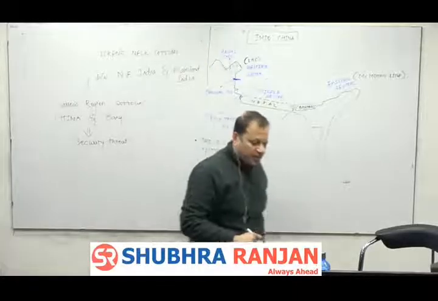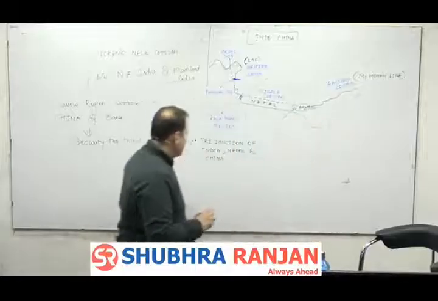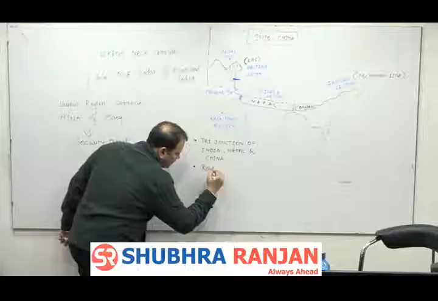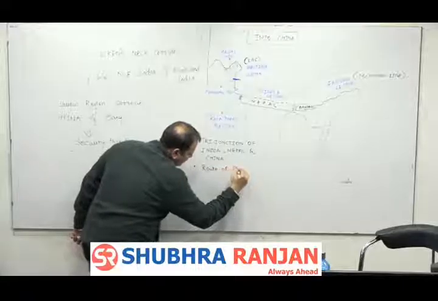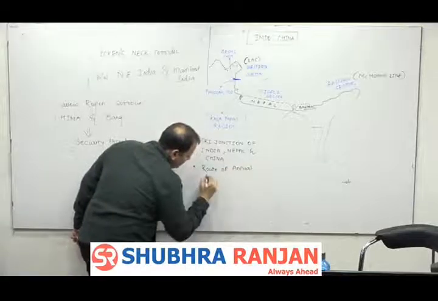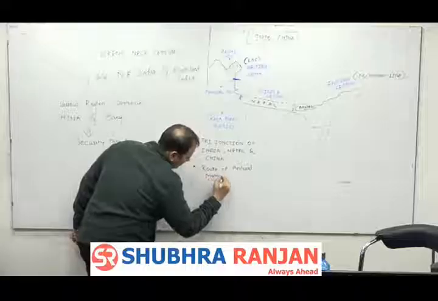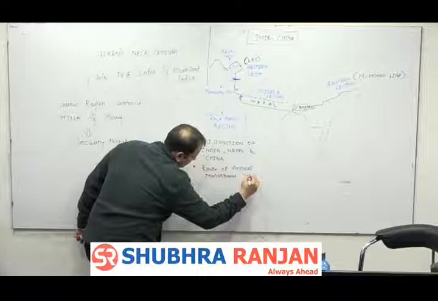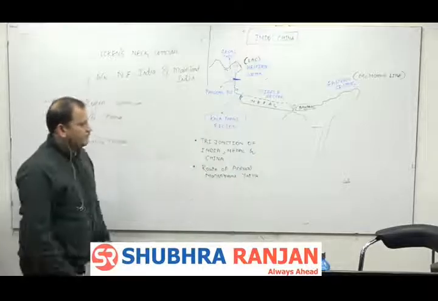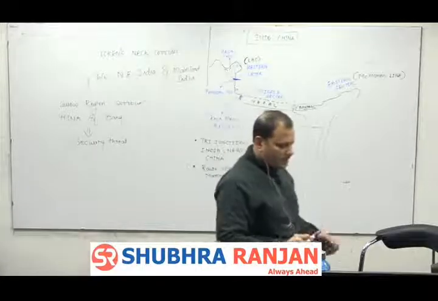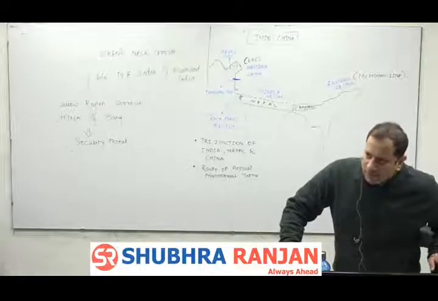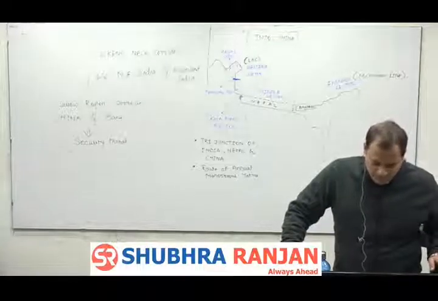India, Nepal and China. Why it is famous? It is famous for route of annual Mansarovar Yatra या pilgrimage. The Kalapani region. We'll look at the pass later on, which is located in the Kalapani region.